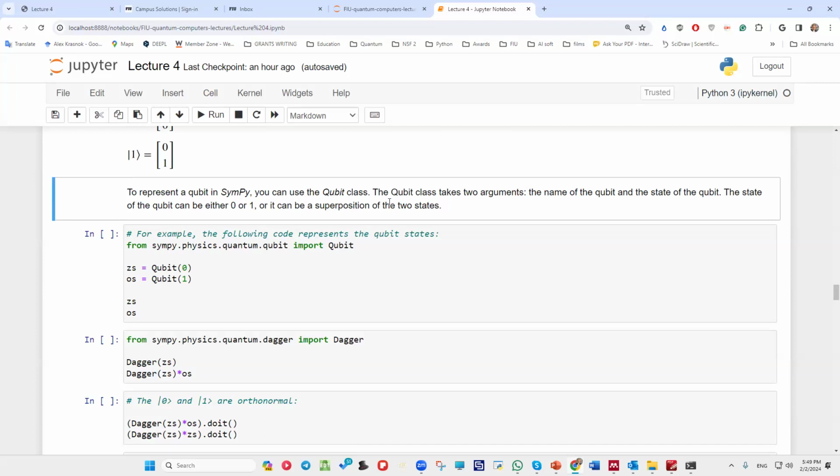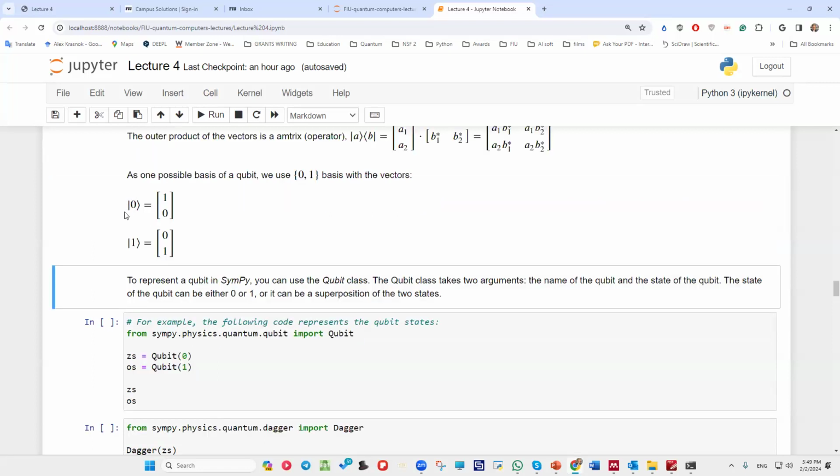They have a particular library for quantum computation, which I like because we can reproduce these vectors in the bra-ket notation with zeros and ones, which is very illustrative at this point.